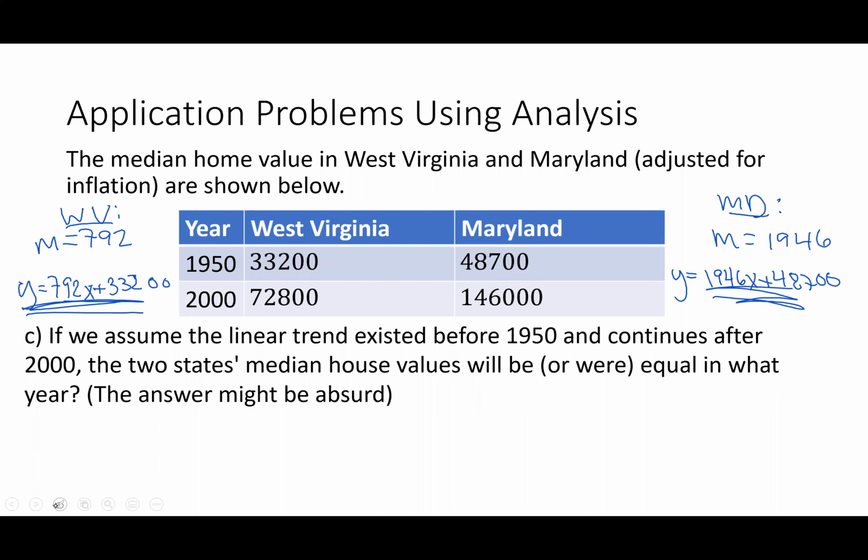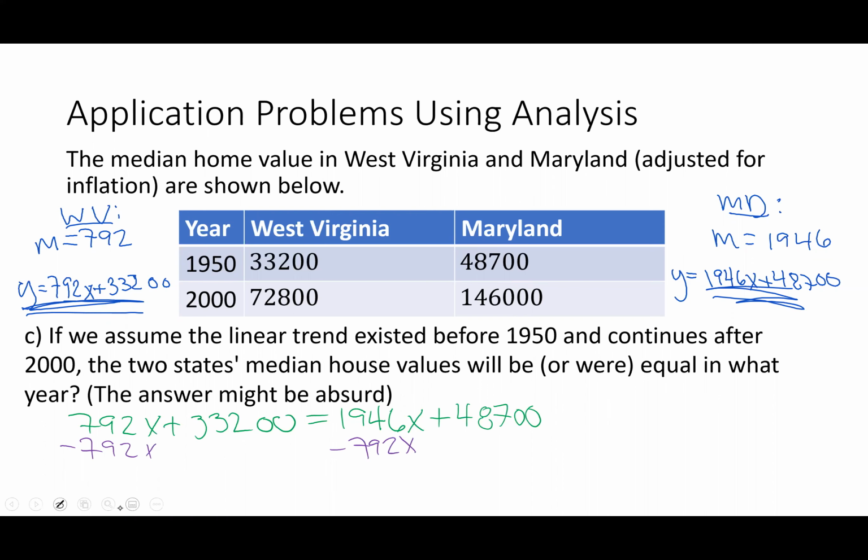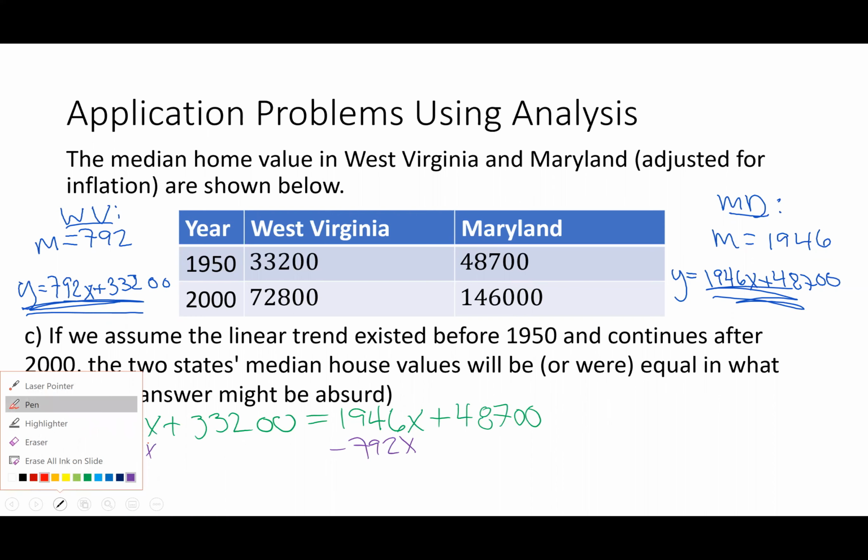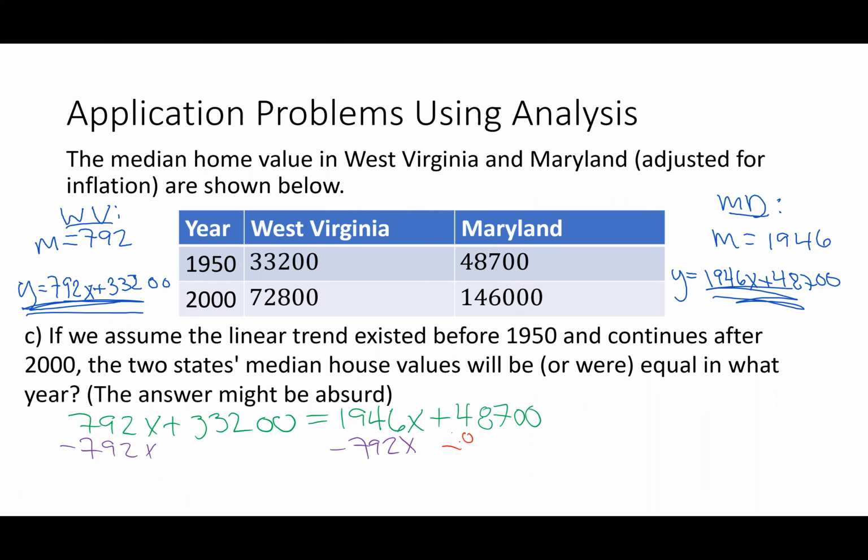So let's do it. So we've got 792x plus 33,200. Now I understand that I tend to like x's on the left just for aesthetic, and I'm left-handed, but I'm really not into negatives. So I'm going to go ahead and move this 792x over here. And then I'm going to move the numbers over to the left-hand side. I know, crazy.